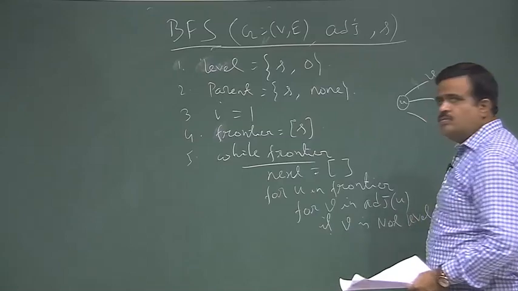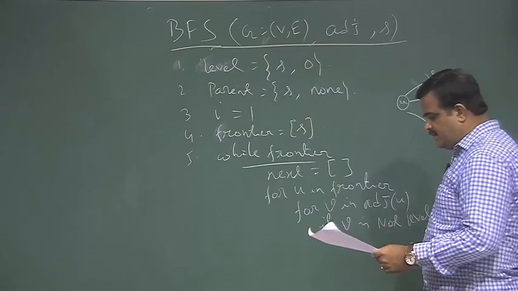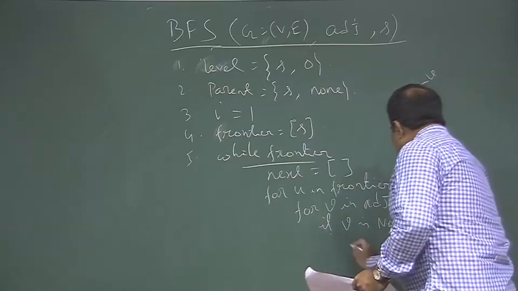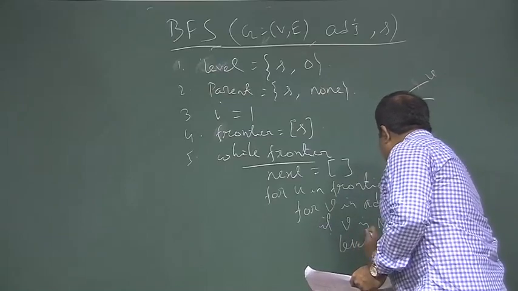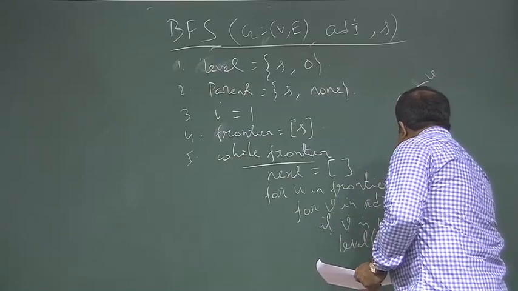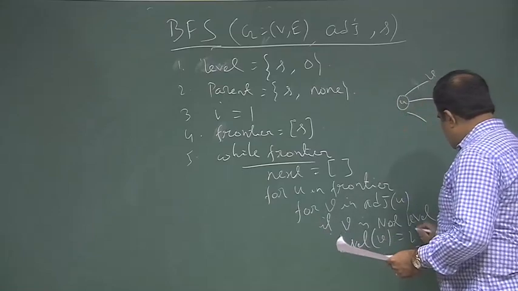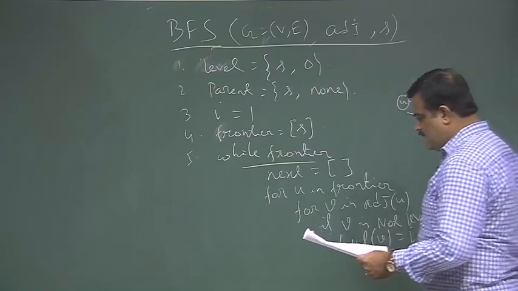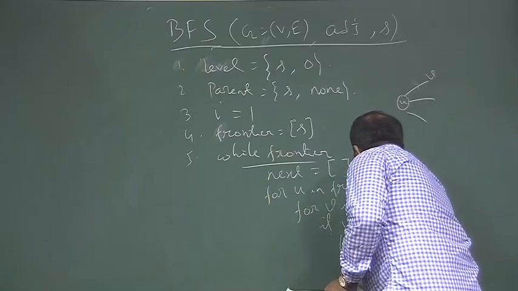Basically, we have to avoid duplicate v. If v is not seen, then the label of v will be i, and the parent of v is u.